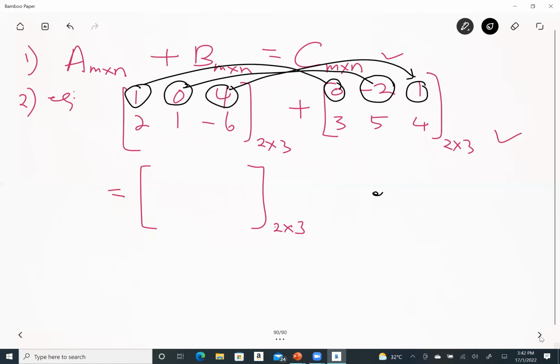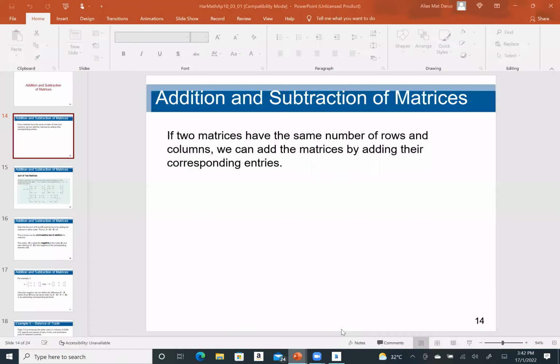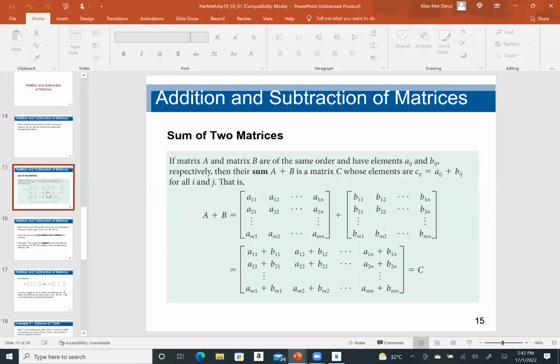So in general, I show you the general rule in terms of a general matrix. If I have A plus B, both m by n, A here is m by n, B is m by n. So you just add corresponding elements like that. So A11 with B11, A21 with B21, and so on.